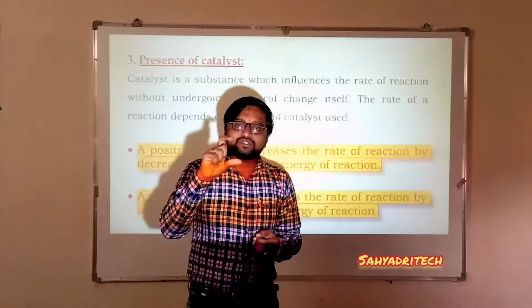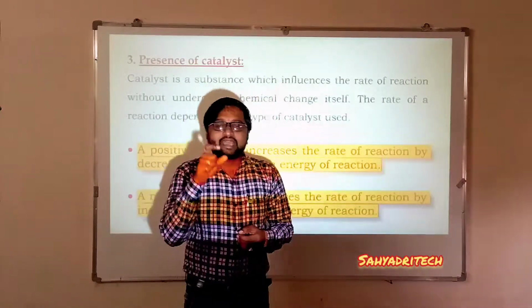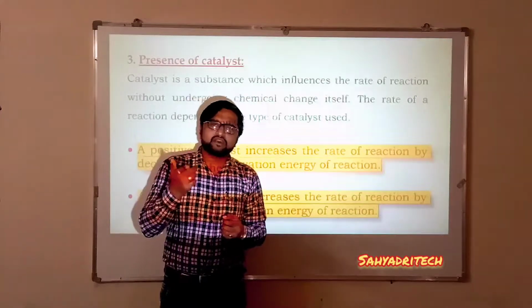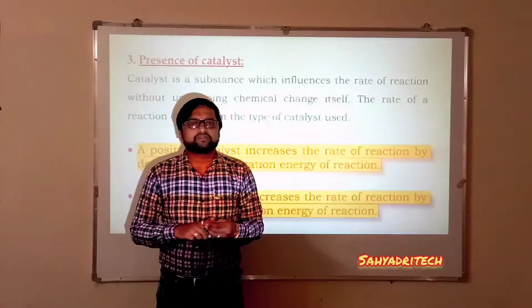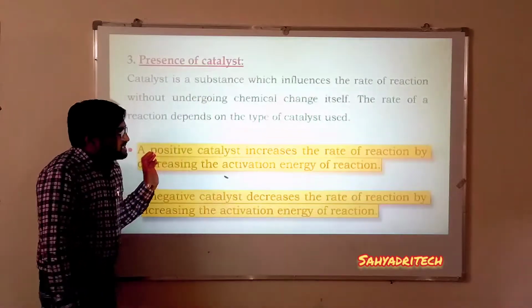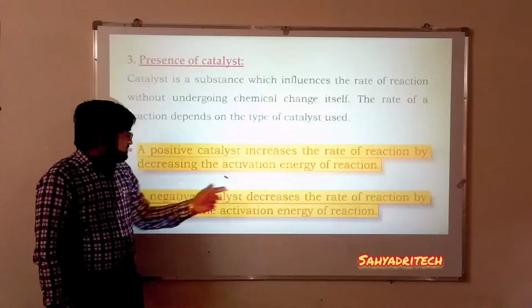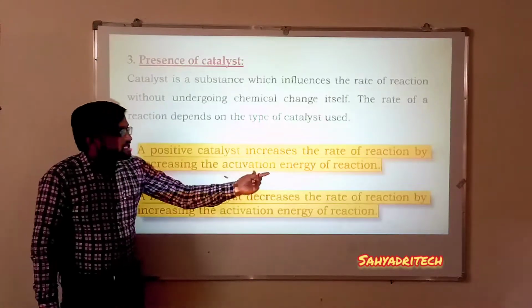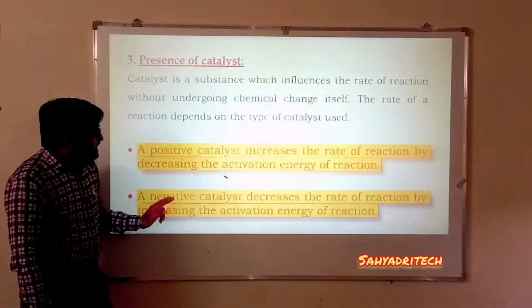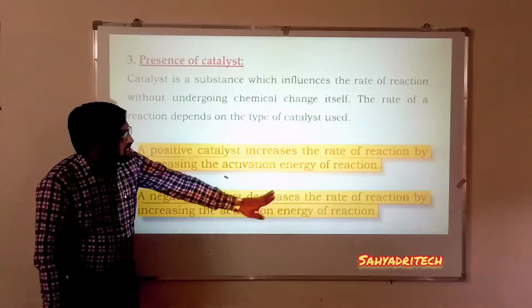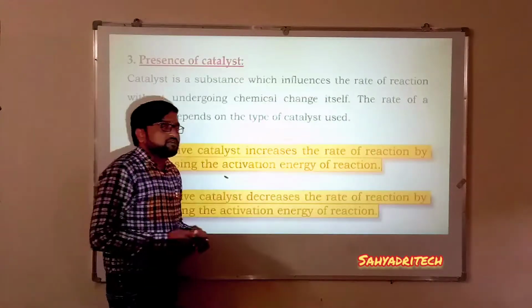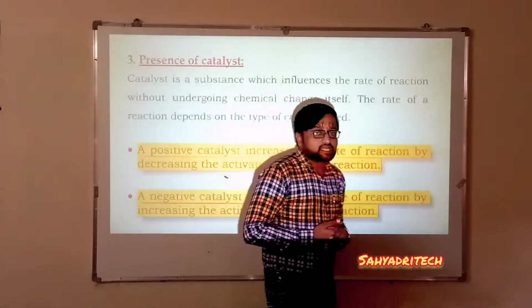They are going to change the activation energy of a reaction. They may increase or decrease the activation energy of a reaction. Therefore, we say a positive catalyst increases the rate of a reaction by decreasing the activation energy of the reaction. On the other hand, a negative catalyst decreases the rate of a reaction by increasing the activation energy of a reaction, or I can say reactants.